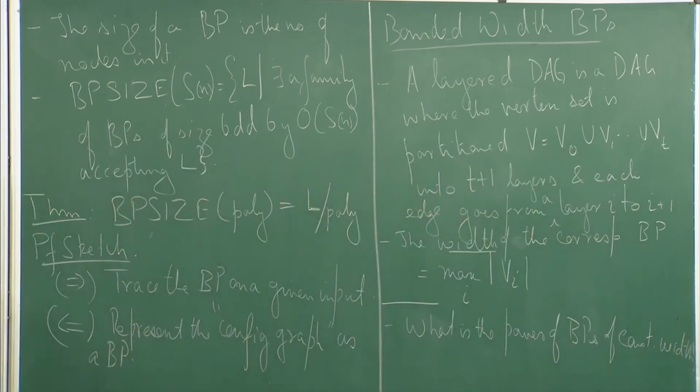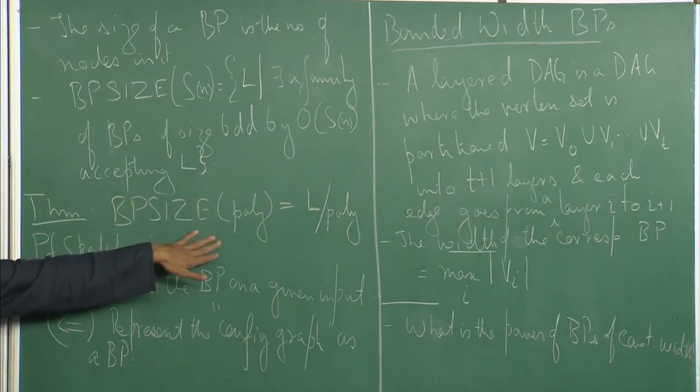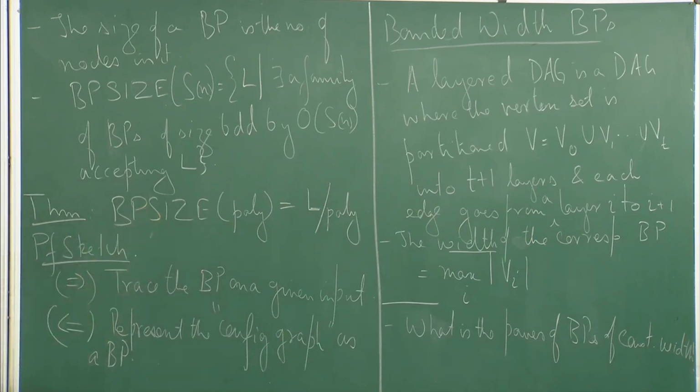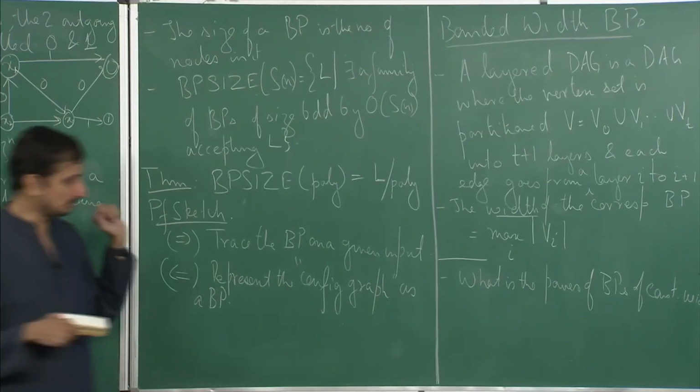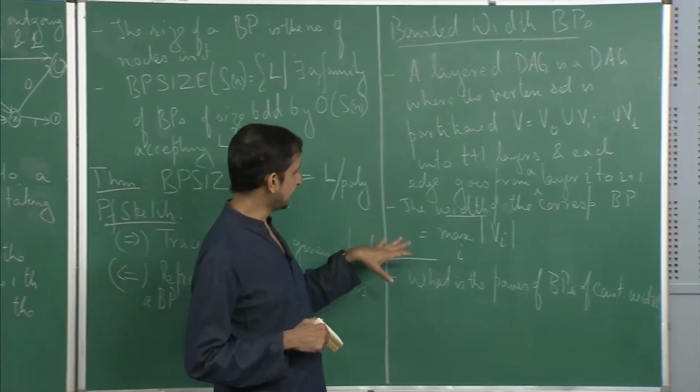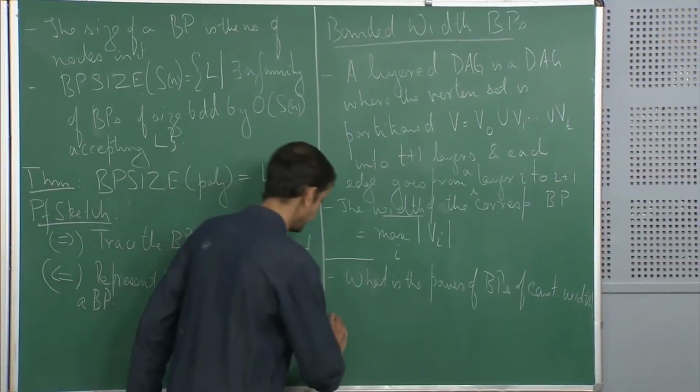Now let's just think about it. When we have polynomial size, it can have polynomial width. Length is something that I haven't defined, so I can define it over here.